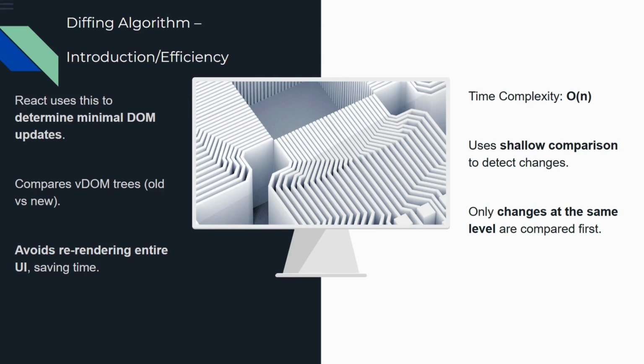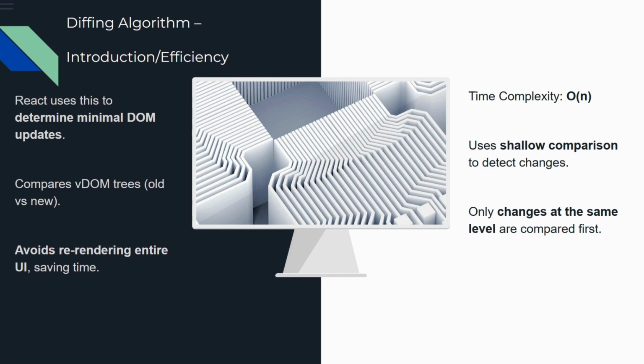It takes order of n time, because whatever the object size is, the diffing algorithm checks by linear search and then compares. Because of this it has O(n) time complexity.